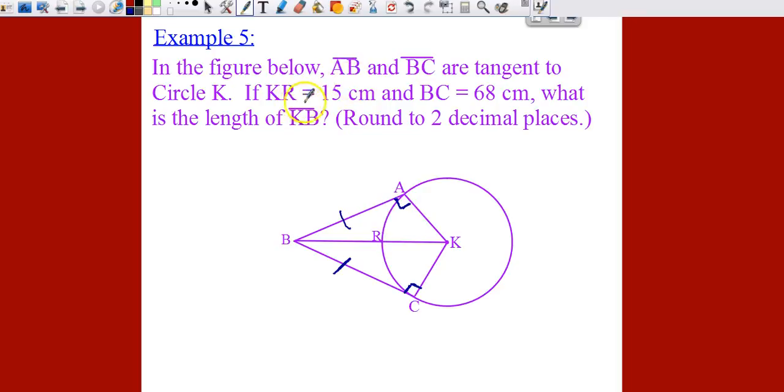I want to label the sides here. I have KR as 15, and BC is 68. That's the tangent line, and we want to know the length of KB.